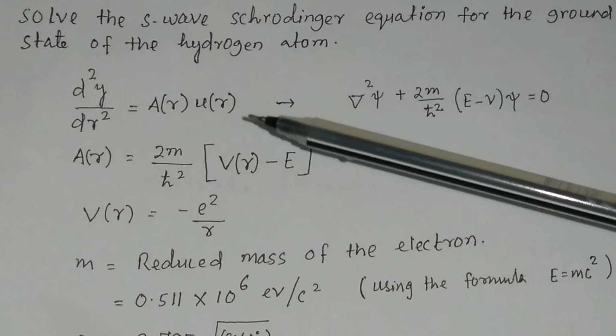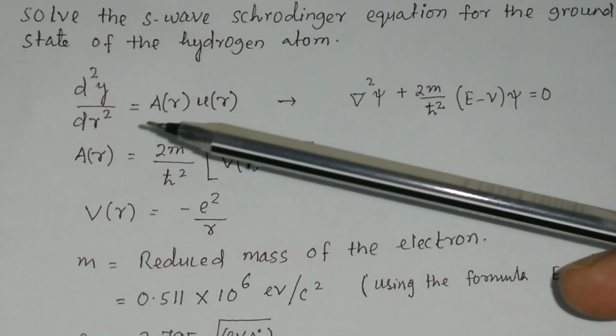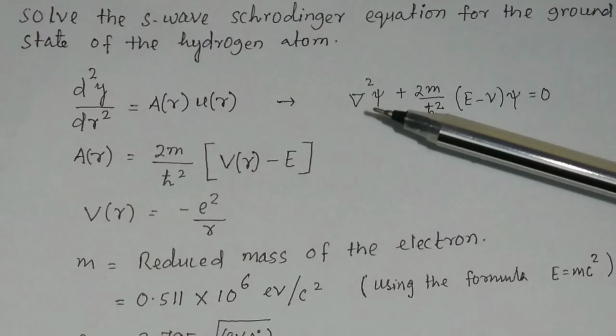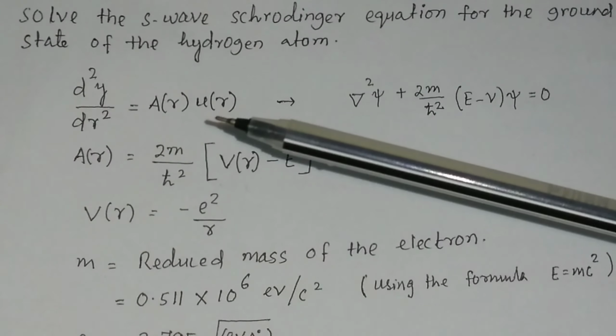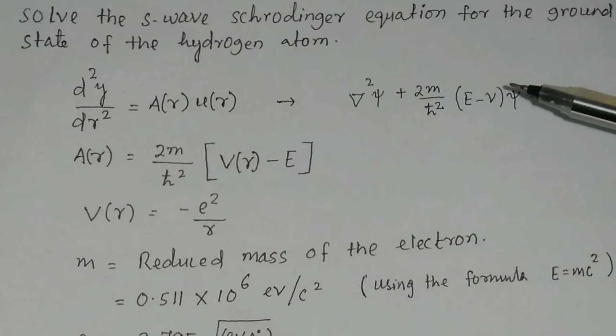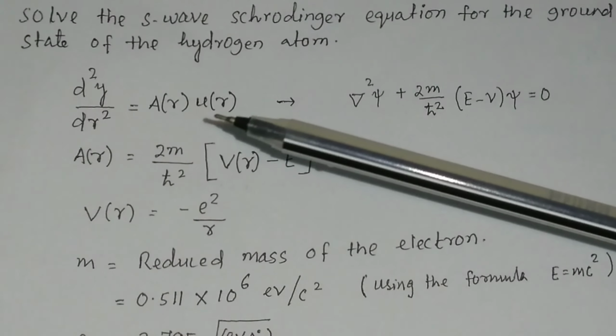So this is your Schrodinger equation. If you compare these two equations, then this is your Schrodinger equation where u(r) is the wave function. Instead of the wave function psi, the wave function is given as u(r).